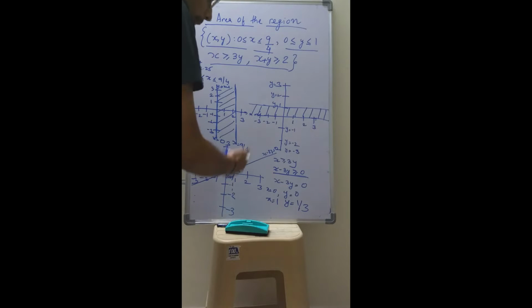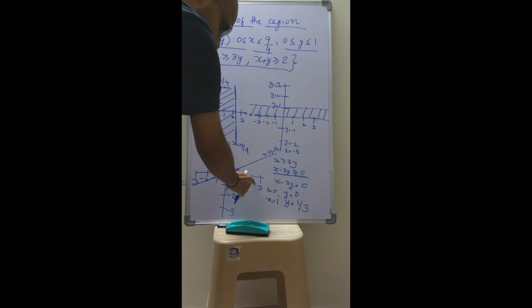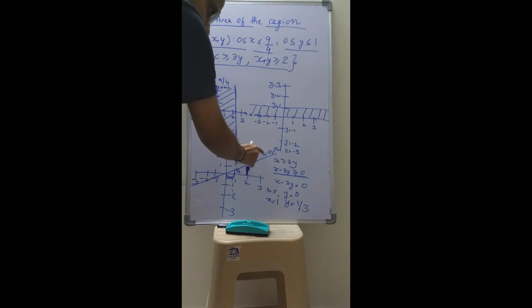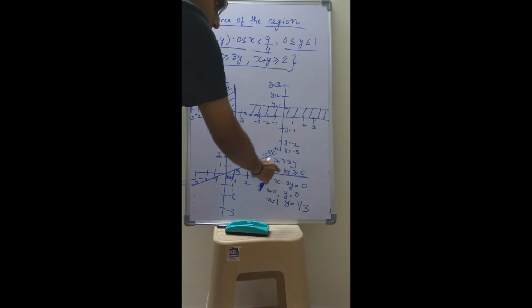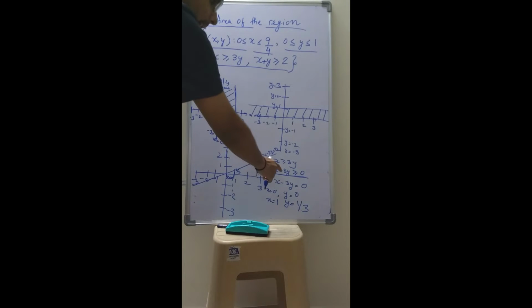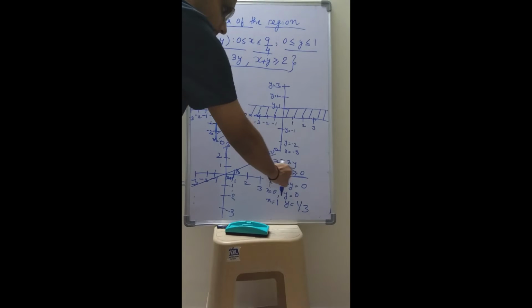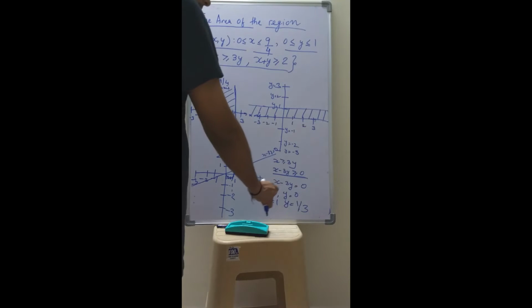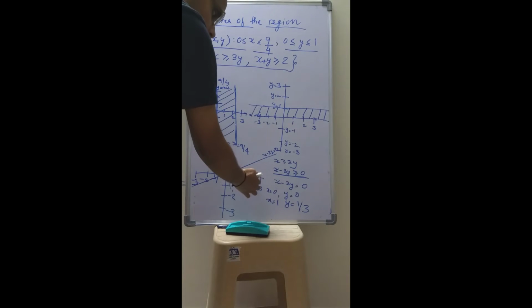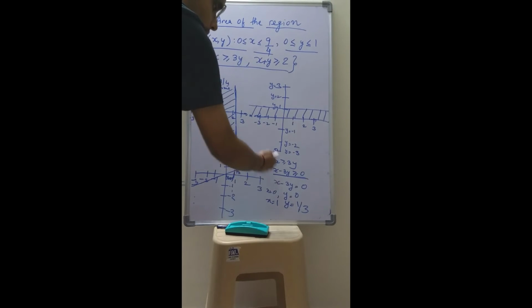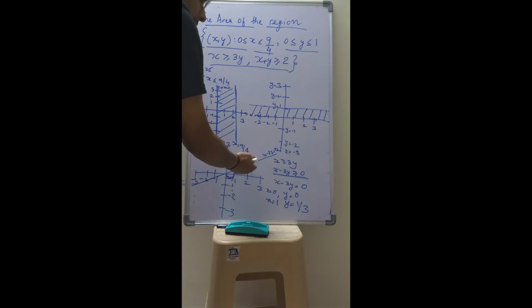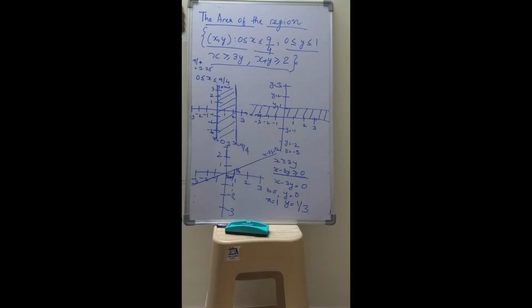One simple test is you take one point from this region, put it in this equation, and if this condition is satisfied, then your x minus 3y greater than 0 is this portion. If it is not satisfied, the area is the opposite one.